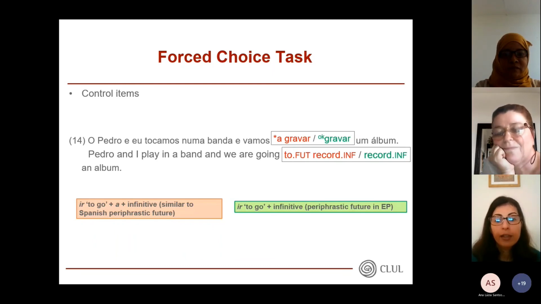So we have here a periphrastic feature with the preposition. And then we had the correct option in Portuguese, that is a periphrastic feature without the preposition, always with the verb ir, to go, in the present.